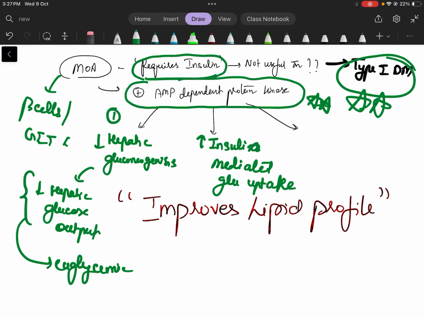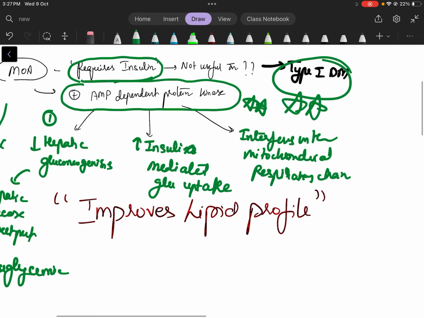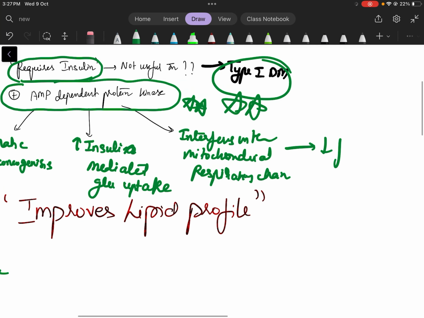This is the second property. And the third feature through which it acts is that it interferes with the mitochondrial respiratory chain and it decreases fatty acid oxidation.